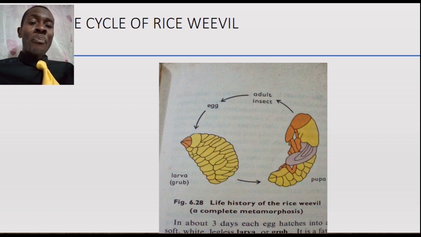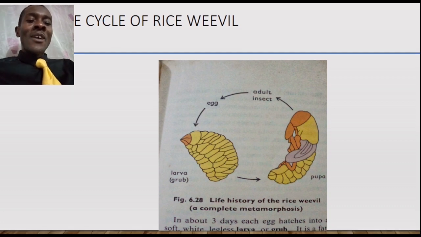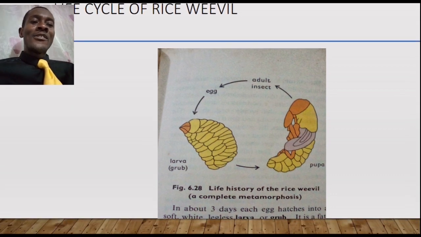And so the weevil undergoes what is known as complete metamorphosis. As you can see on your screen, the adult will lay the egg, and the egg will develop into the larva, which is called the grub. And the larva will now develop into the pupa.